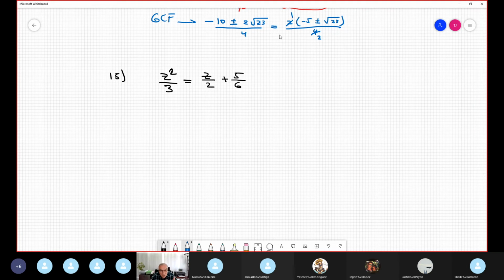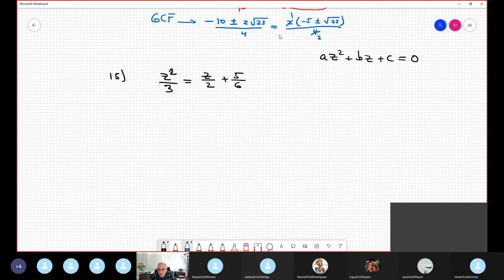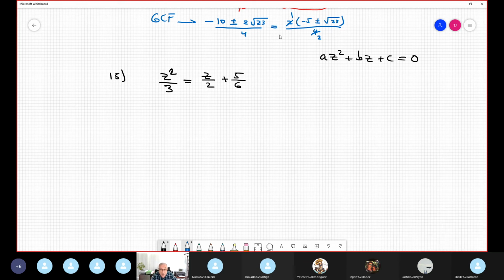Is it already in standard form? No, of course not. Remember, the standard form is A, C is the variable, BC plus C equal to 0. So you need to manipulate it. First of all, remove the fraction.